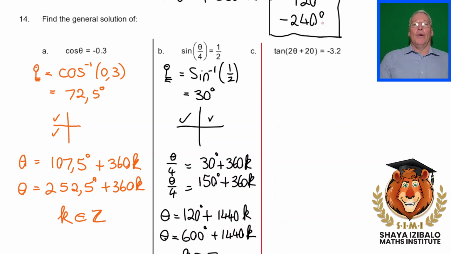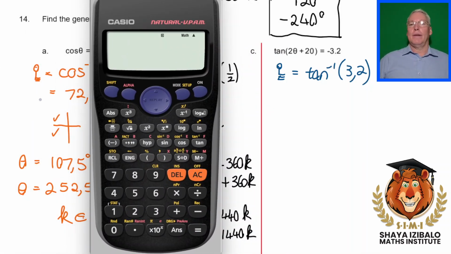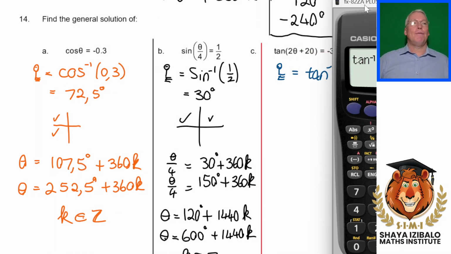As always, the first thing we do is find a key angle. We find the key by undoing tan of positive 3,2. Let's just see what that gives us. Shift tan of 3,2, and we get about 56,3 degrees.